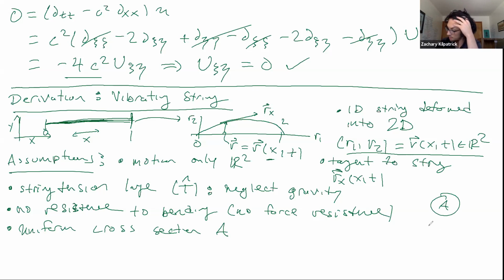And if you look at a portion of the string, it has some density rho that tells us how mass is distributed along the string.